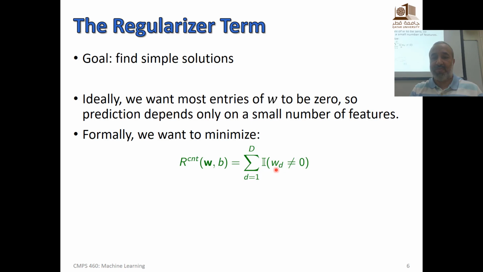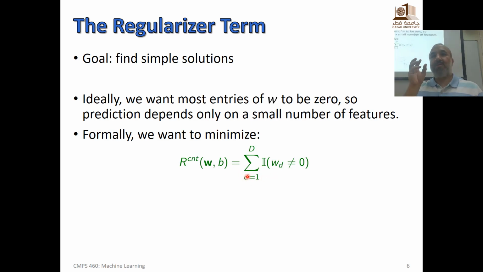The indicator function gives 1 if the condition is true, and 0 if it's not. This condition will be true if the weight is non-zero. So doing it over all the features, this is basically the count of the weights that are non-zero. Is that clear or not?